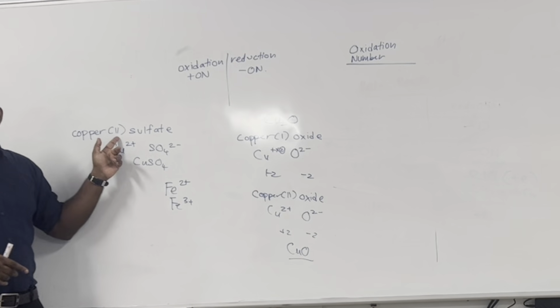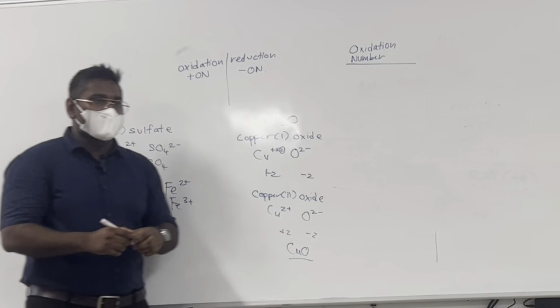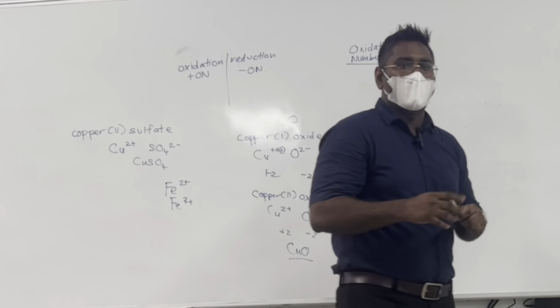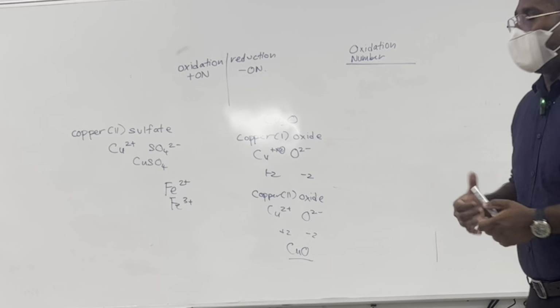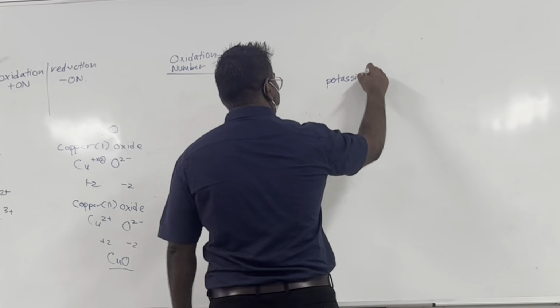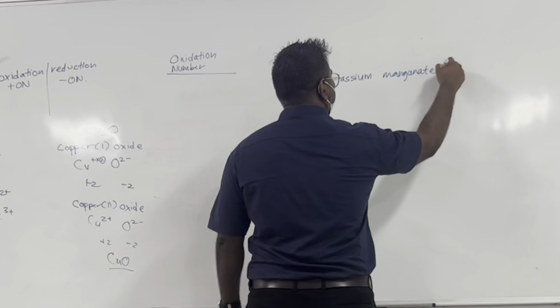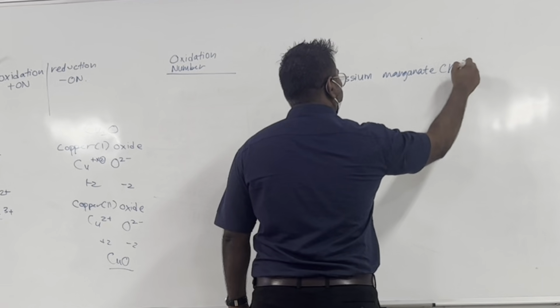If you have copper 2, 2 is the oxidation number of copper. But sometimes we have oxidation number attached at the back. Example, potassium manganate 7.